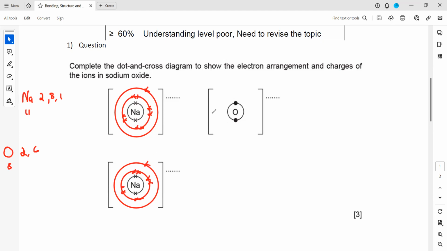For oxygen, it is 2, 6. So the first shell has 2 electrons, and the second shell has 6 electrons. 1, 2, 3, 4, 5, 6.